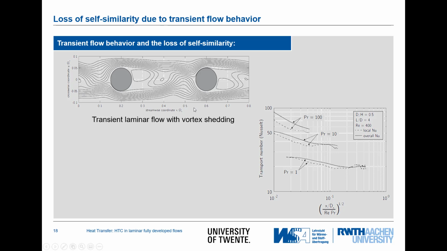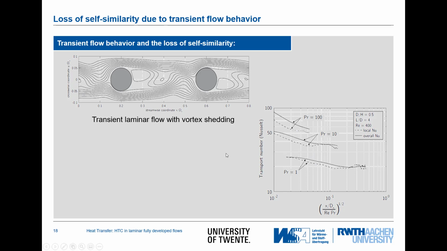So this will be an unsteady flow behavior, and you see as soon as we are in an unsteady transient flow behavior, the correlations or the behavior of the Nusselt number is completely different. We see that it is not following a constant slope for different Prandtl numbers. We have different behaviors.